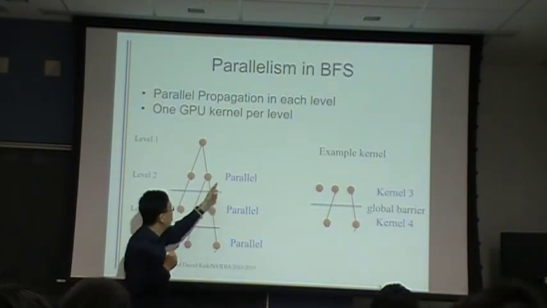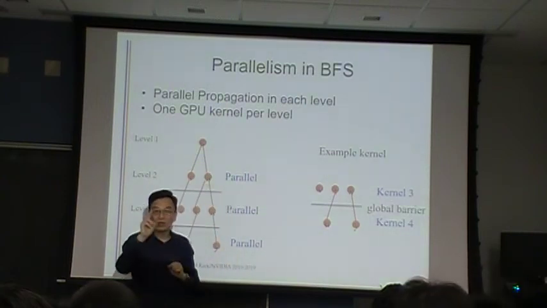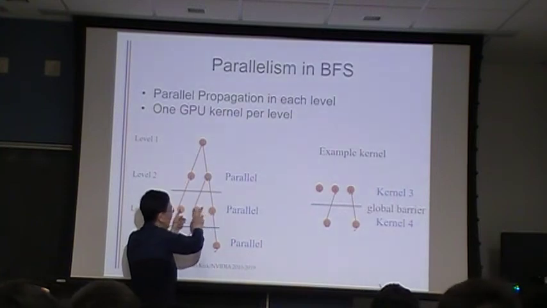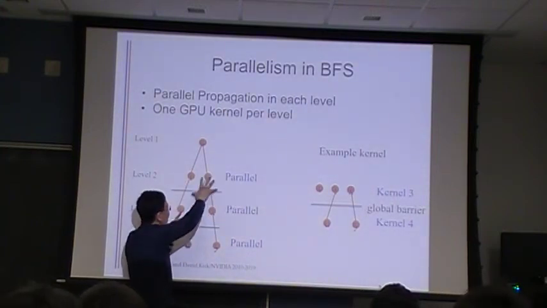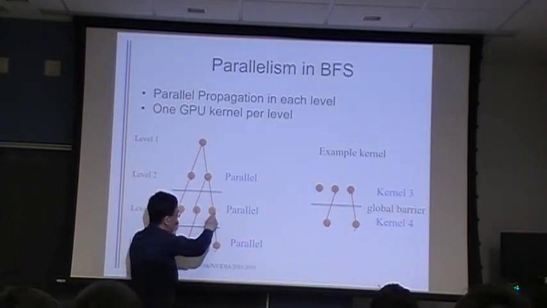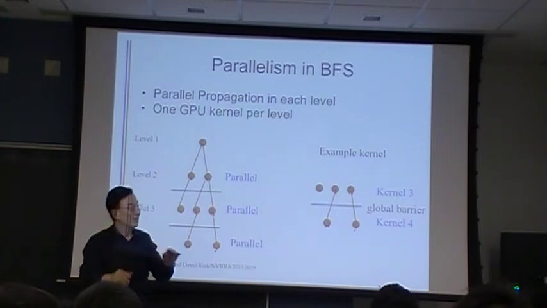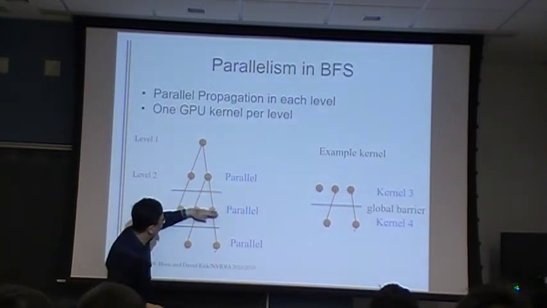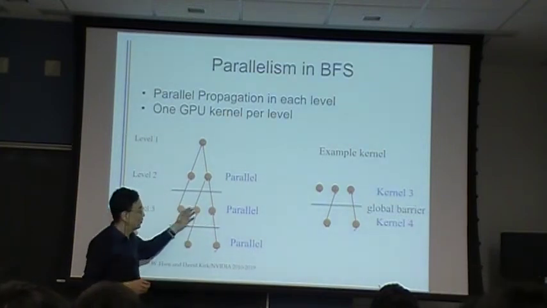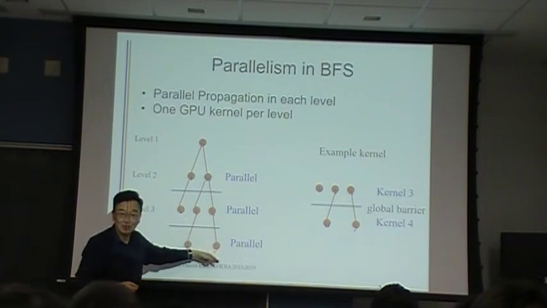And then we launch a kernel on this one, with 2 threads. Each one will produce 1 and 2, right? So this kernel will generate the next level, and then the kernel ends. And you launch another kernel, and then you process these 3, and it will be 3 threads. And each thread will process one of these and generate the next level.